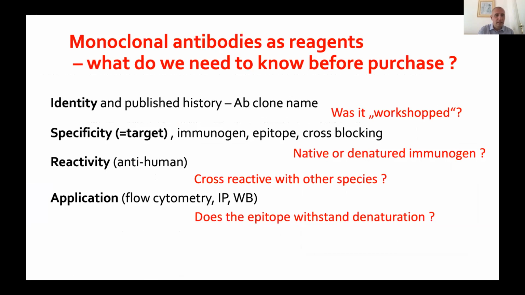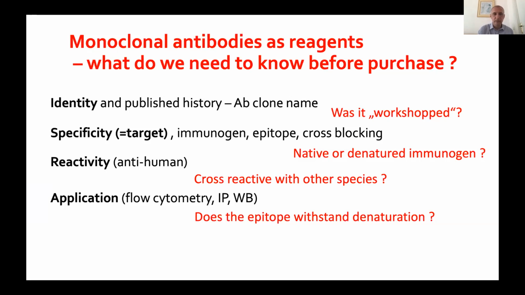This is important because it is linking that particular clone with its history, with its published history. So one important question is, was it workshopped ever? And if not, is this clone something that can be used for tracking the performance in different studies in the literature?